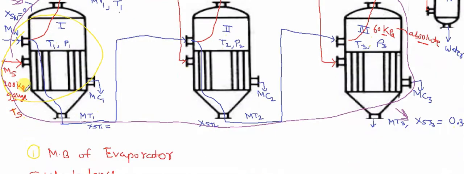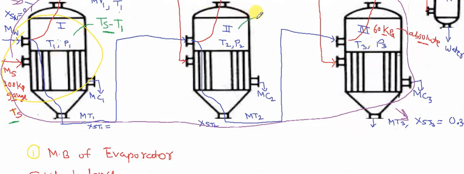Here we have steam at maximum temperature Ts and the inside temperature is T1. So in the first effect evaporator, the temperature difference will be Ts minus T1.